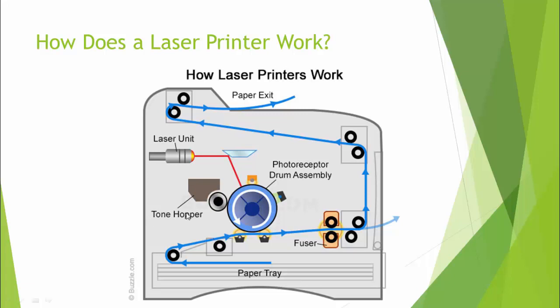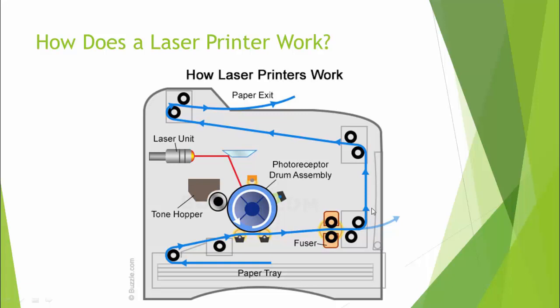So the next step after this transfer of the text onto the paper is actually to heat up the paper and cause the toner to undergo a chemical reaction to fuse the toner to the paper and the toner to the other toner particles, such that it is now effectively glued down.